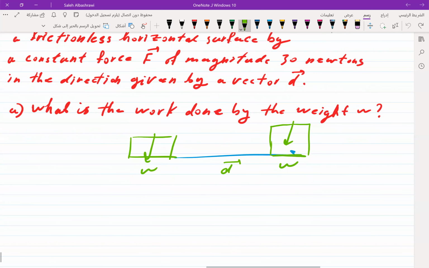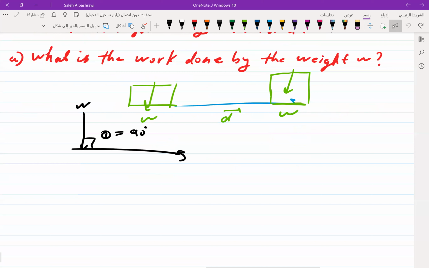Because the angle between, this is the weight, and this is D. Theta between them is 90 degrees, which means these are orthogonal. Weight and D are orthogonal.